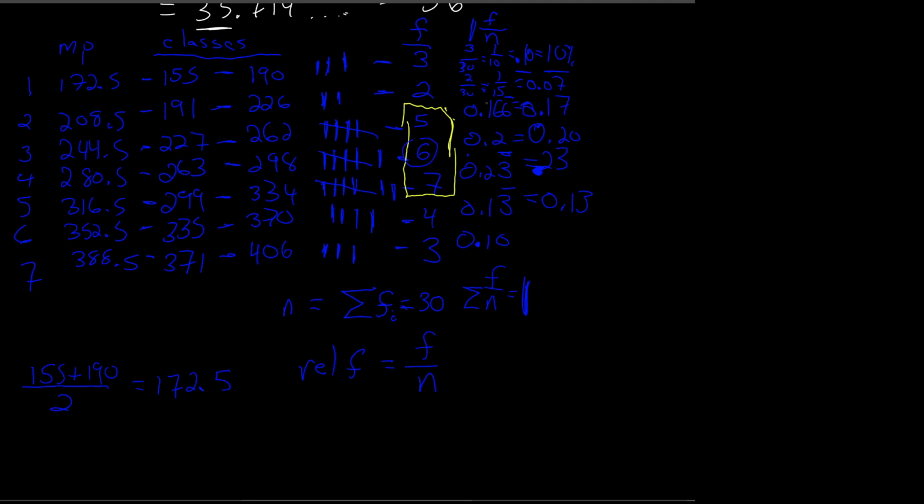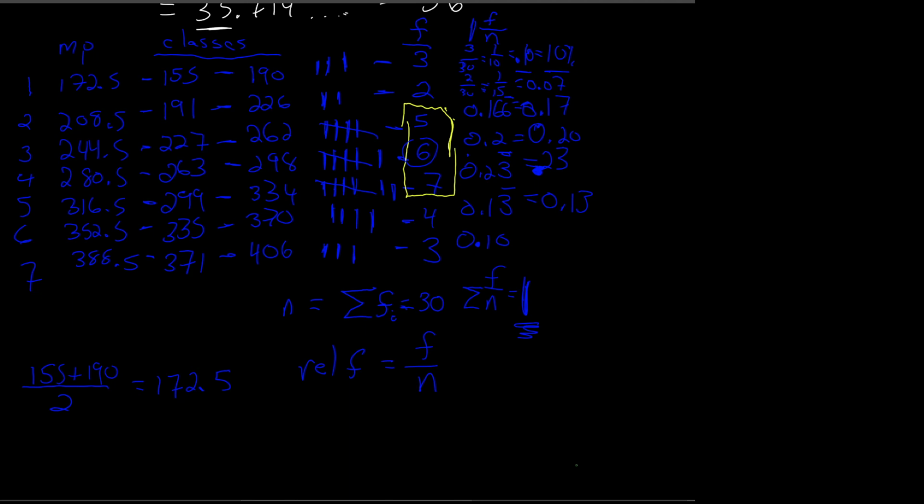Now, because I had to round here, when I add up all the decimals, I don't always get 1. But the idea is, if these are parts of the whole, when I add them all back up, I get one whole thing. And so that's what relative frequency does for us.